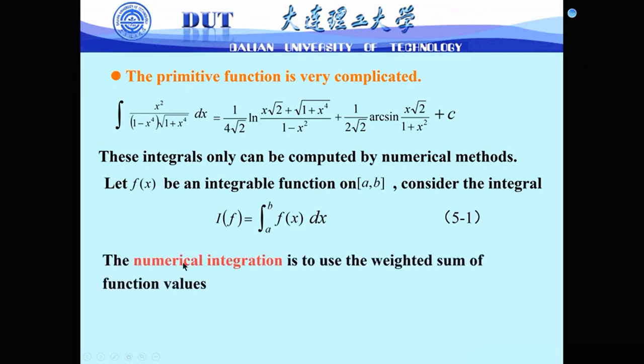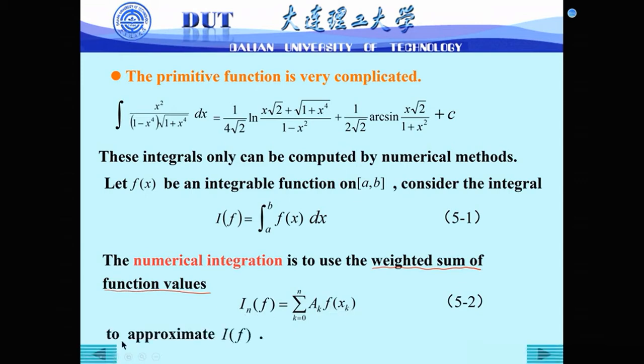The numerical integration uses a weighted summation of function values, denoted by I_n(f), the summation for k from 0 to n of a_k multiplied by f(x_k), where a_k are some coefficients and x_k are some knots. We use this summation to approximate the integration. Then this is numerical integration.